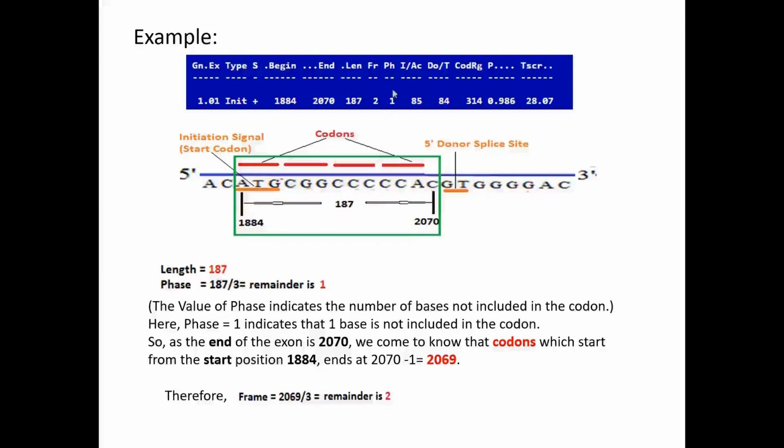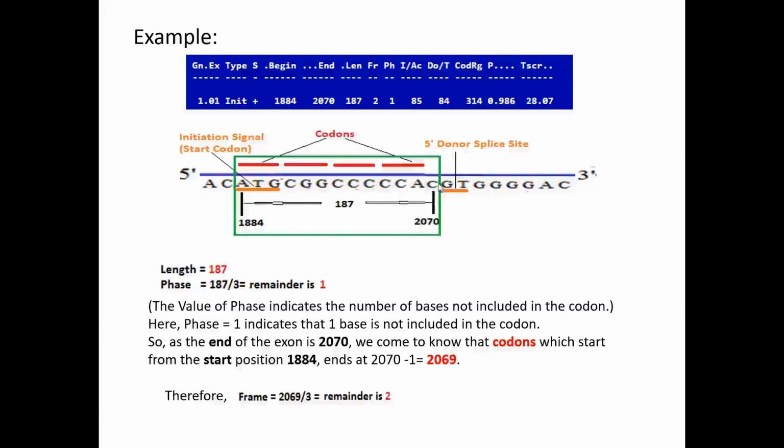Now phase, which is shown over here, is 187 divided by 3. 3 refers to the number of nucleotides in a codon. The remainder is 1, the mod value. So the mod value is given as phase over here. So we come to know that one single nucleotide is not included in the codon. I think a proper exon prediction will have phase 0.